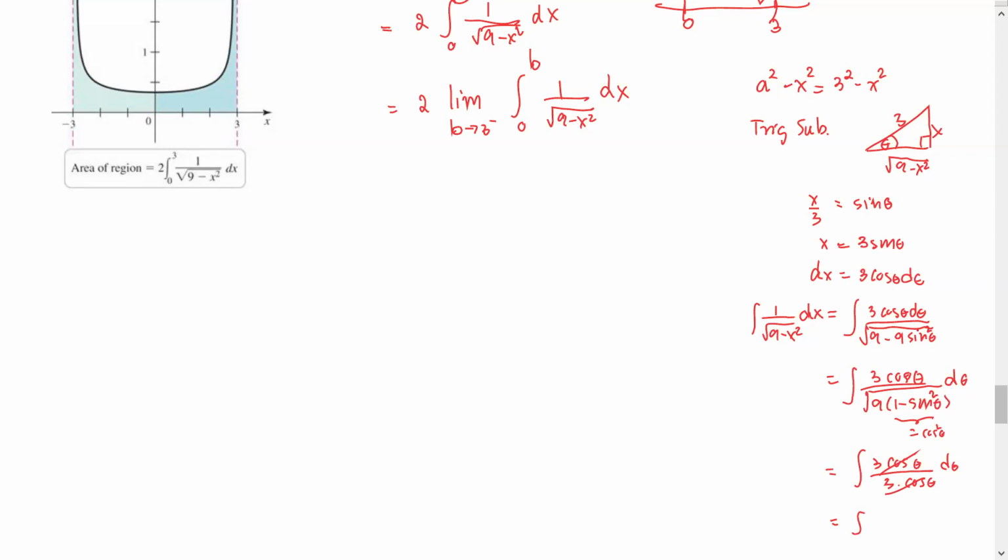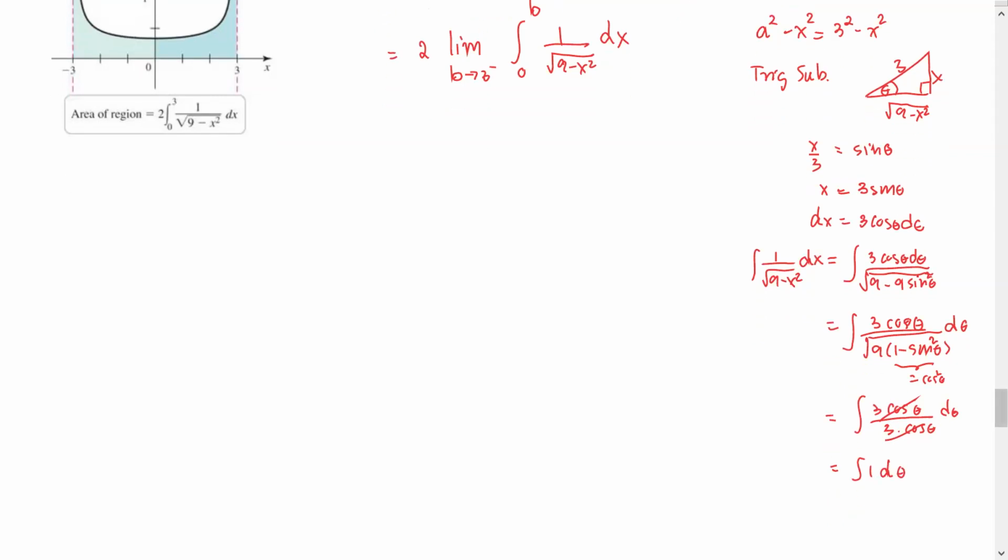Now we have to find the antiderivative of 1 with respect to theta, which is theta. And from the relationship of x over 3, we can see that theta equals the inverse sine of x over 3.